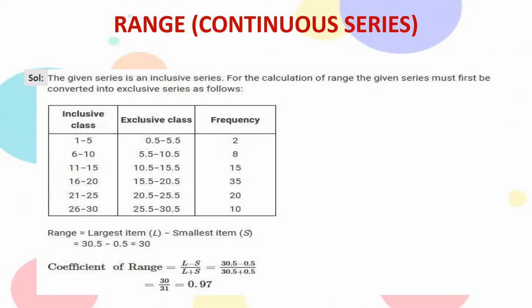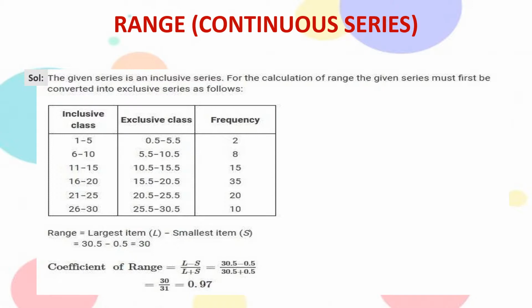So 5 plus 0.5 will give you 5.5. Similarly you have to do for every class given in the data. And then you can observe, once you have done with all that procedure, the lower limit of the second class and the upper limit of the first class are the same now. We have equated. So finally, we successfully converted the inclusive series into exclusive series.